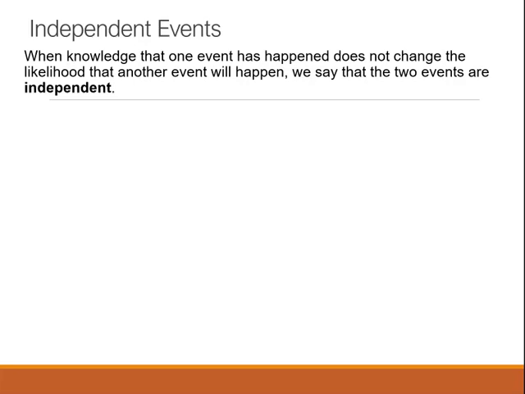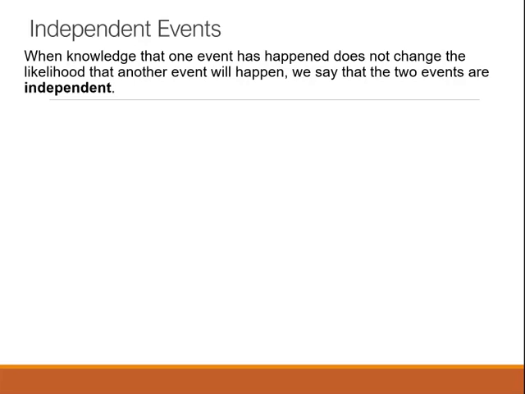The next thing we want to do is talk about conditional probability. So let's start with the idea that events are independent. That means the previous outcome has no effect on the next outcome. So for example, if you're flipping a coin, those are independent events because the previous coin flip has no effect on the next coin flip. Or if you are playing roulette, where the ball landed on the previous spin isn't going to affect the next spin.